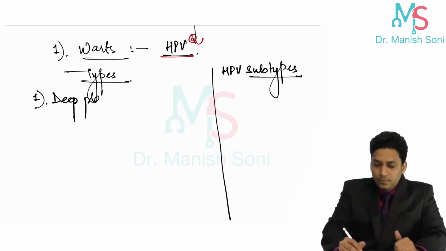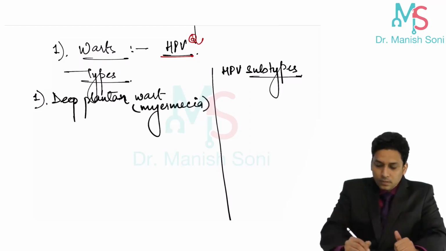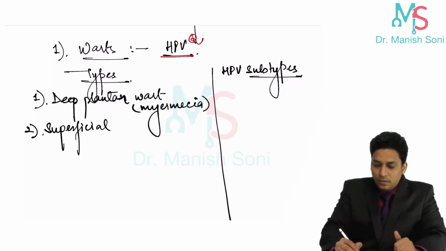deep plantar wart, which is also known as Myrmecia wart. Then second is superficial plantar wart, which is also known as mosaic wart.